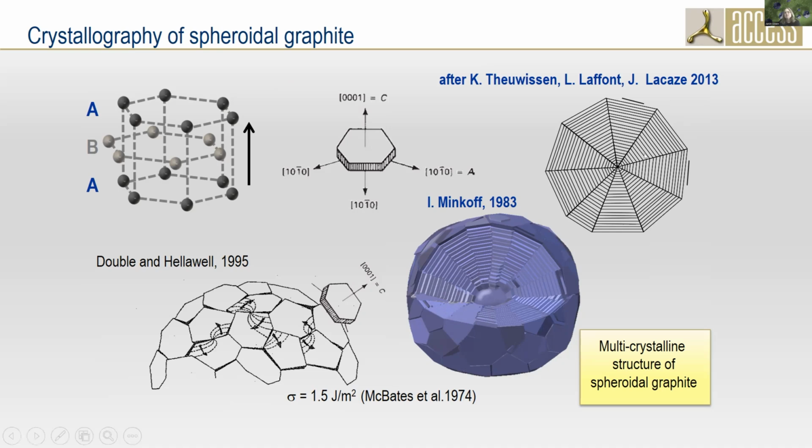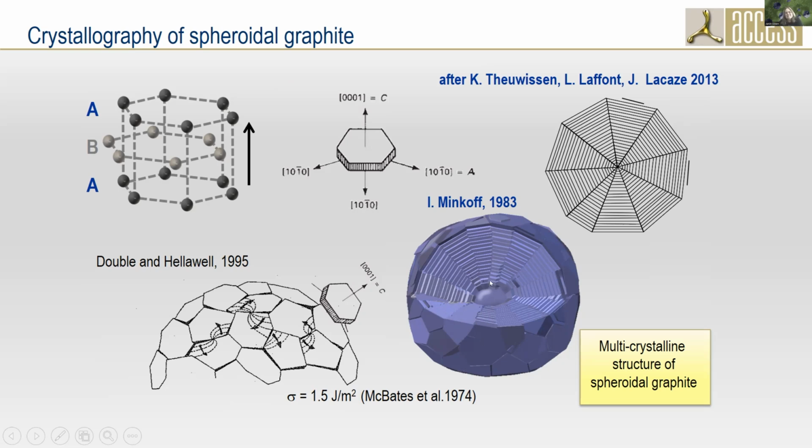And the typical growth forms for the spheroidal graphite: we have these sectors and new nucleation on top of the sectors, and I tried to visualize this in 3D. It's just a picture, showing how I could imagine it could look.